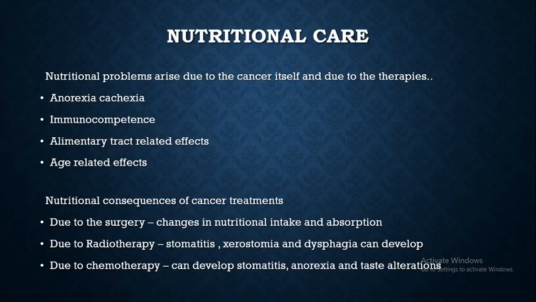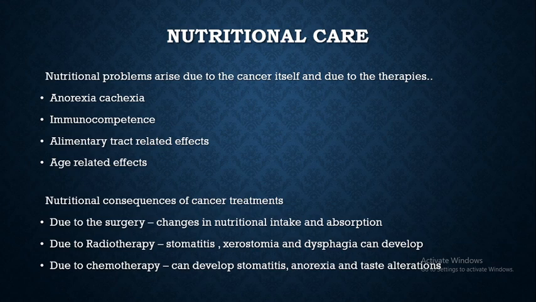Nutritional care. Nutritional problems arise due to the cancer itself and due to the therapies. First of all, we have anorexia, cachexia, immunocompetence, alimentary tract related defects, and age related effects. Nutritional consequences of cancer treatments may be due to surgery, radiotherapy, or chemotherapy.